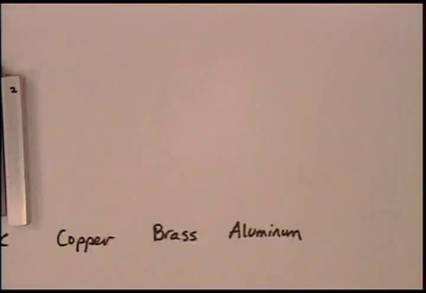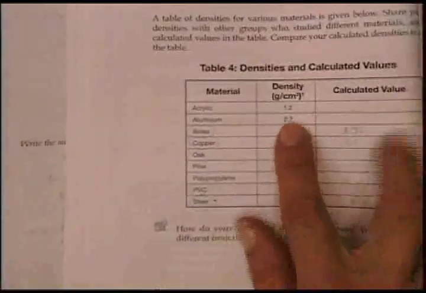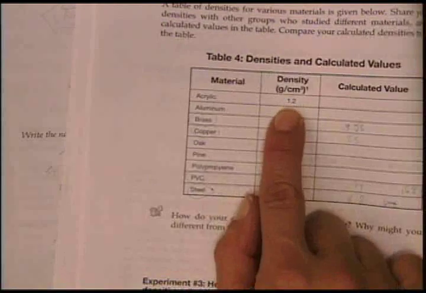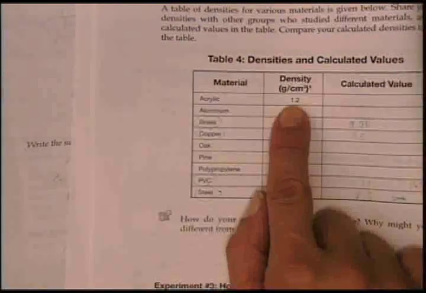Okay, so if you look at table 4, and you look at the numbers in table 4, let's look at those numbers. You see that acrylic has a density of 1.2.